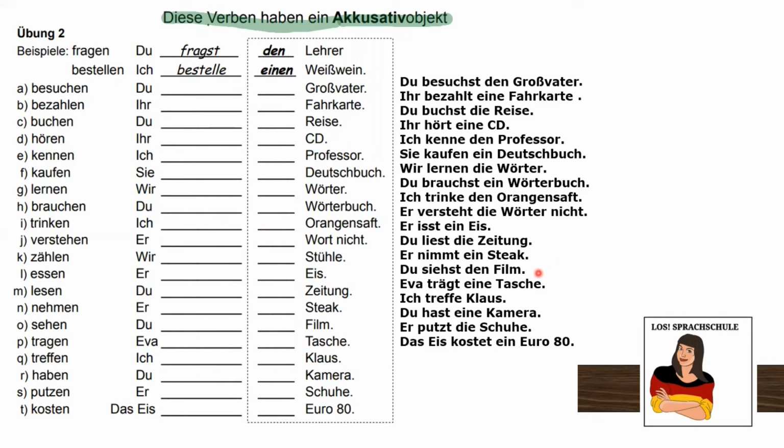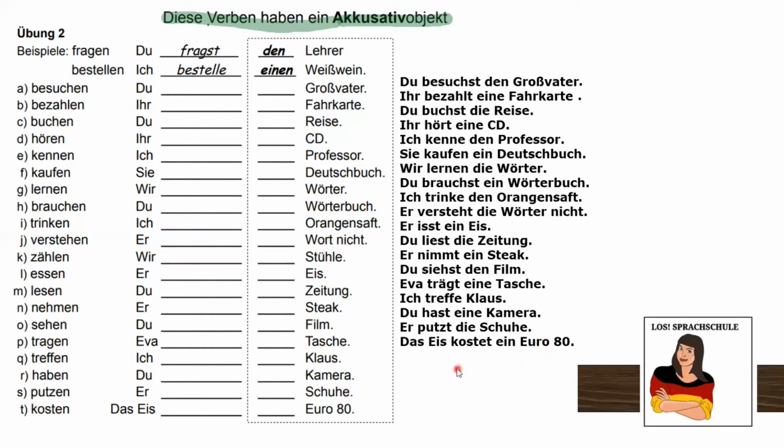Du siehst den Film. You watch the movie. Eva trägt eine Tasche. Eva wears a bag, or holds a bag in English. Ich treffe Klaus. I meet Klaus. Du hast eine Kamera. You have a camera. Er putzt die Schuhe. He cleans the shoes.